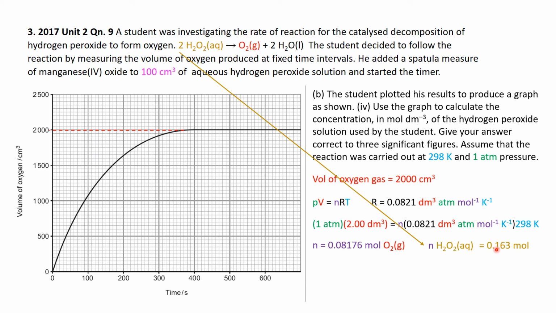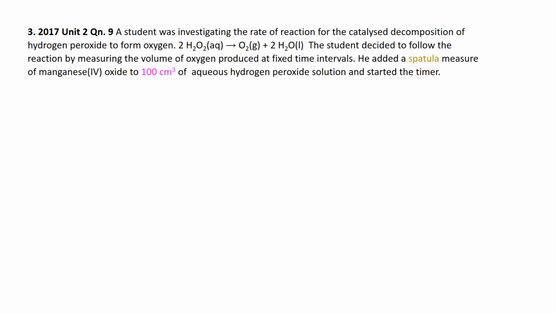Multiply the O2 by 2, and that's 0.163 moles of H2O2 in 100 cubic centimeters. So the concentration of the H2O2 is 0.163 moles over 0.1 cubic decimeters, which is 1.63 moles per cubic. Sorry about the abrupt end to that last one. I clicked enter before I meant to, but you'll know I meant moles per cubic decimeter.